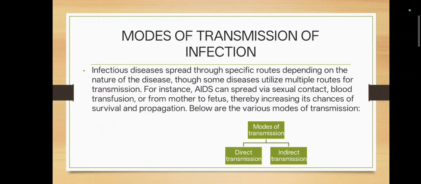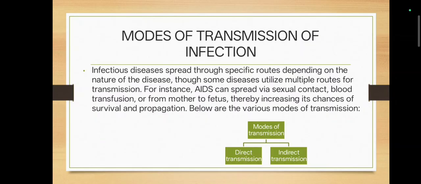Modes of transmission. Infectious diseases spread through specific routes depending on the nature of the disease, though some diseases utilize multiple routes for transmission. For instance, AIDS can spread via sexual contact, blood transfusion, or from mother to fetus, thereby increasing its chances of survival and propagation.